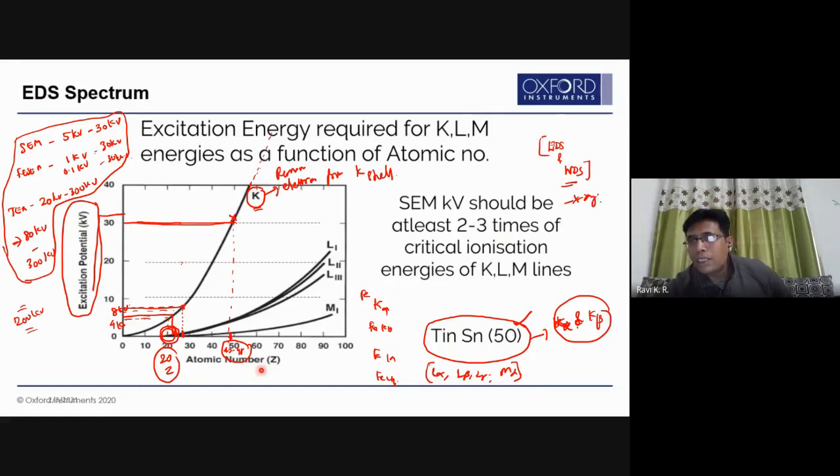Only the detector part is different for EDS and WDS. Whether you do EDS or WDS, if you use 30 kV as your accelerating voltage, automatically you will get a similar kind of result. There is no change that you are expecting.